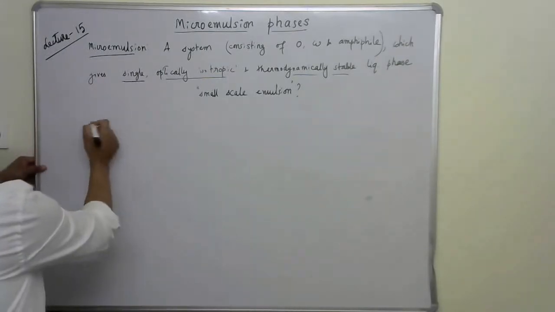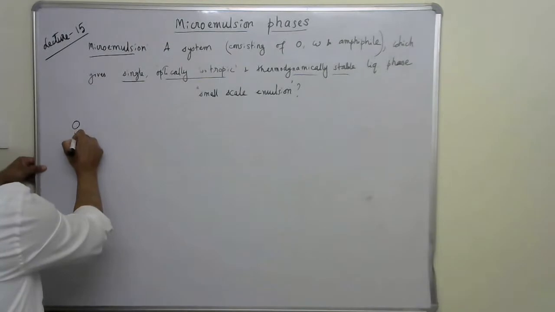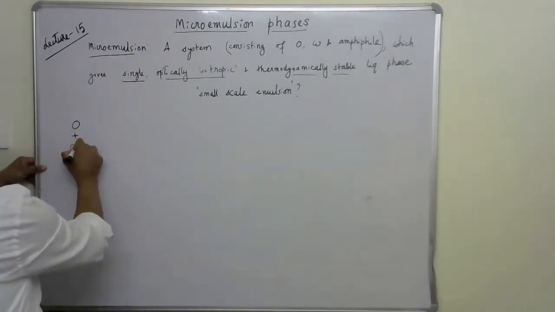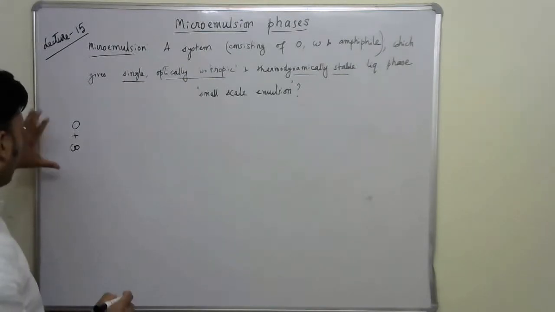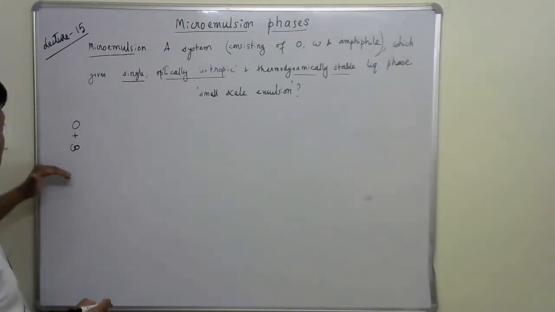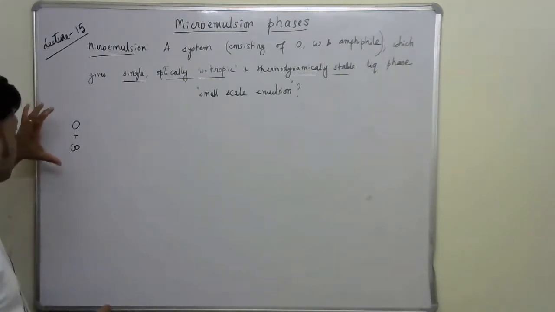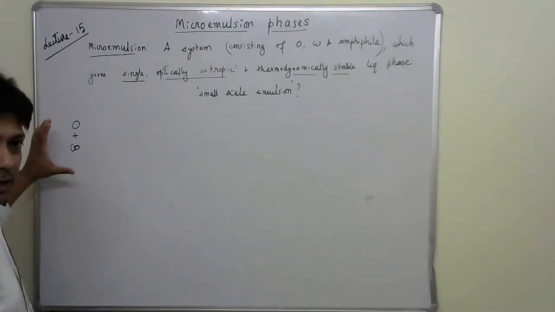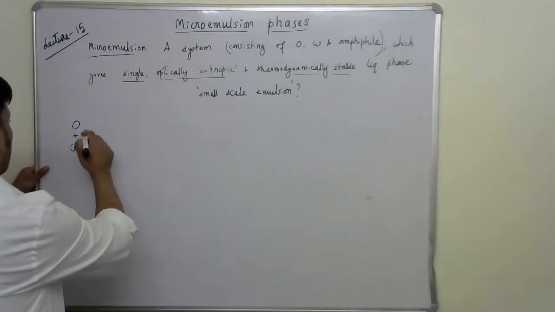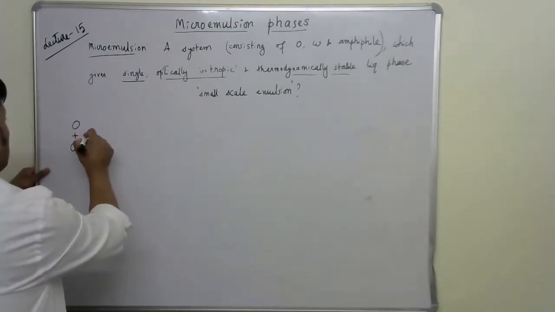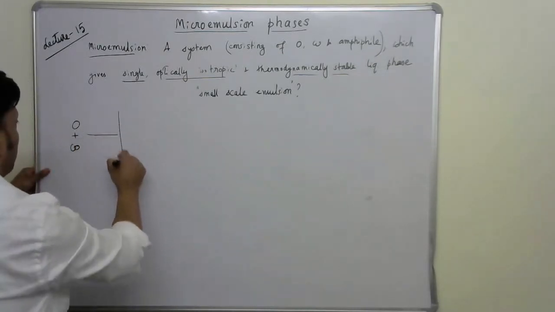As we have already discussed, for an emulsion we need oil and water. If we don't have anything else in the mixture of oil and water, the two substances exist as phase separated systems. So then we have two options.